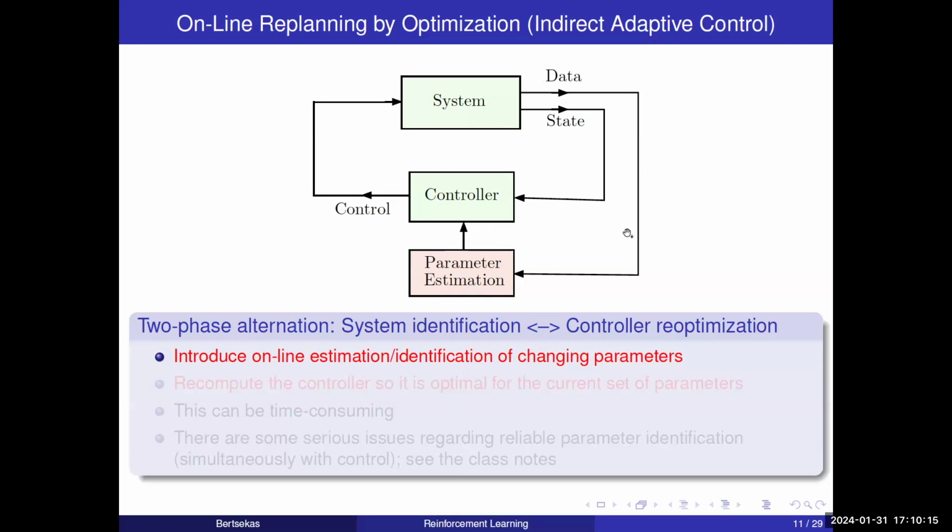So get data from your system, estimate the parameters, feed them into the controller, and the controller changes itself by re-optimizing.